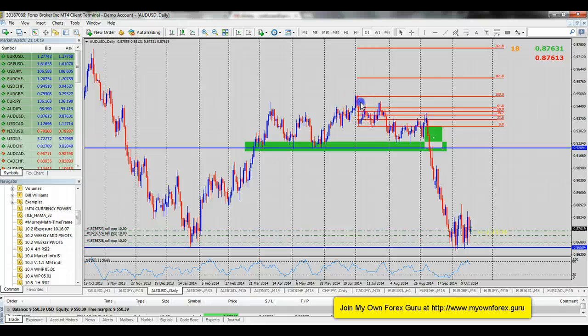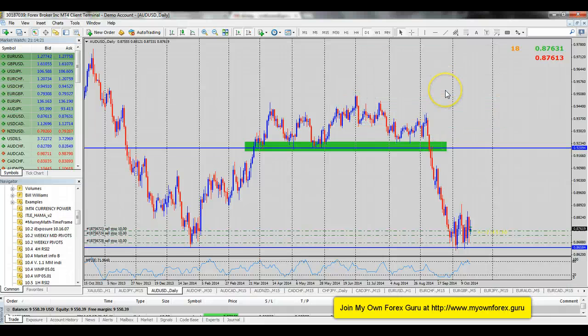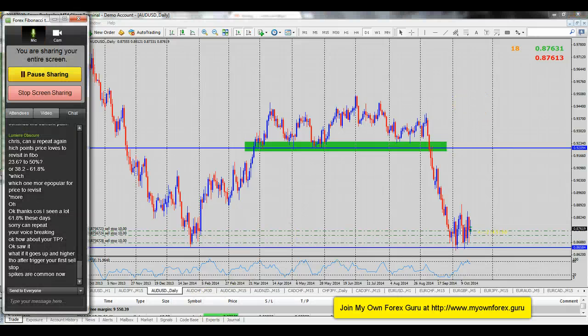Again, Fibonacci sounds really fancy. Nothing but support and resistance. So sorry to break the bubble. What if it goes up higher after you trigger your first sales? Yeah, spikes are common.